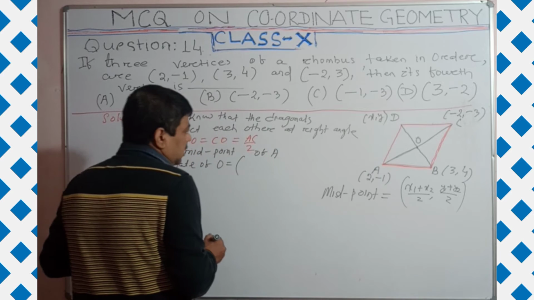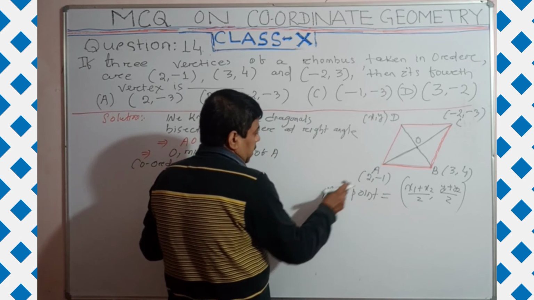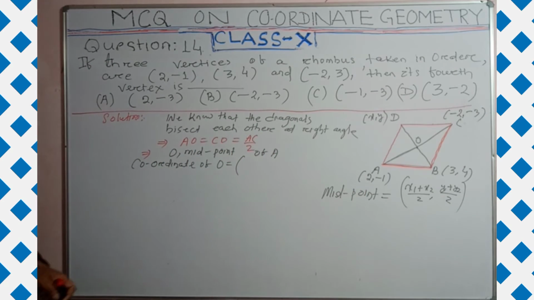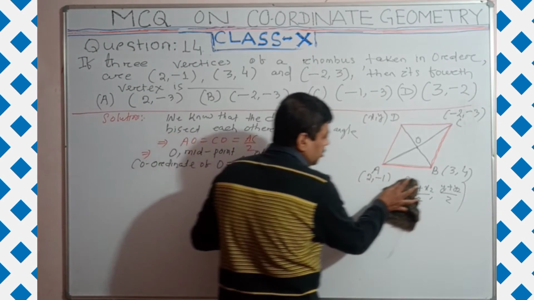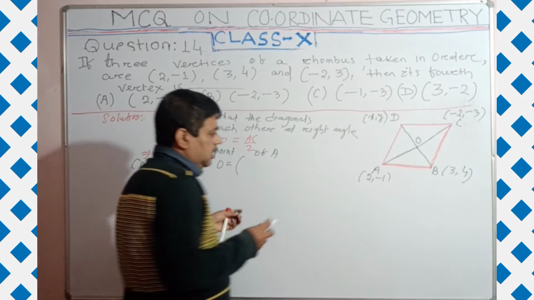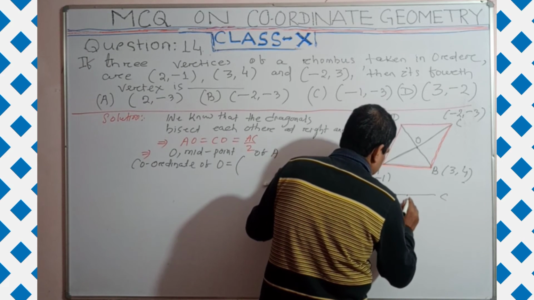Here A and C are the endpoints and O is the midpoint.